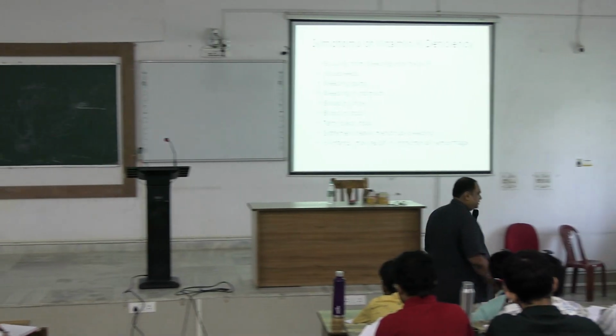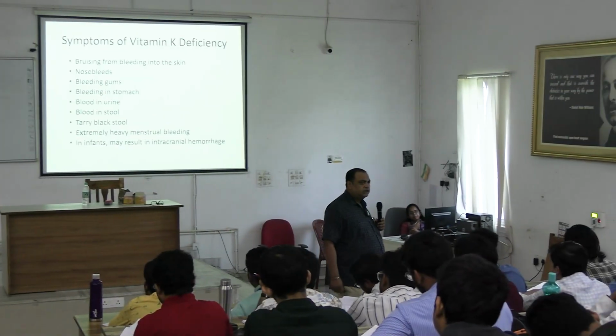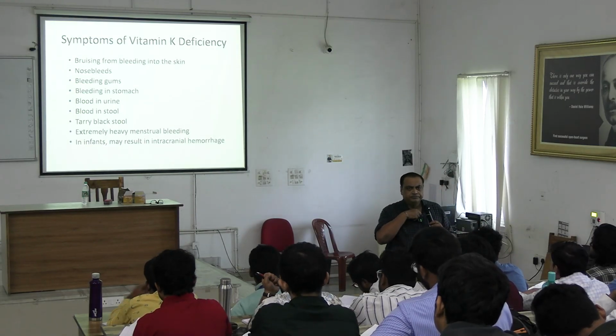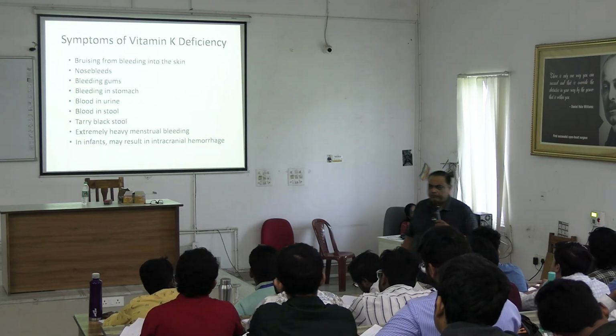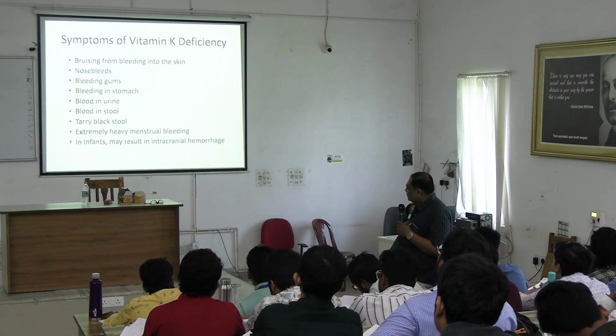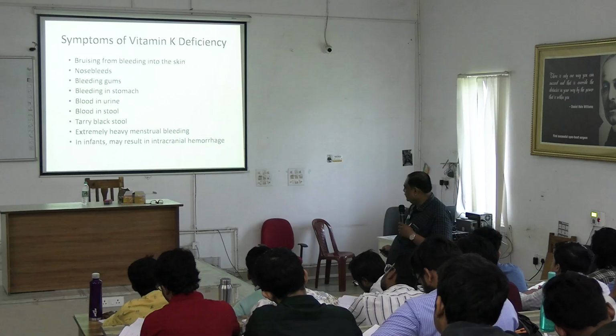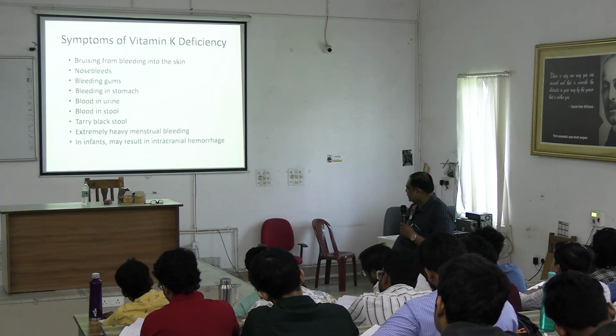Then you go for endoscopy to find out at what point it is bleeding and what the cause is. This may be seen among lower socioeconomic group people who are not taking proper diet. Young females may show increased bleeding during menstruation.